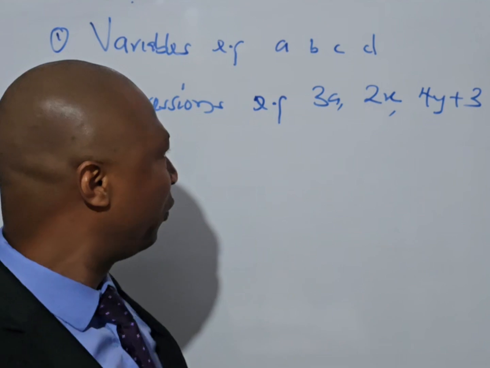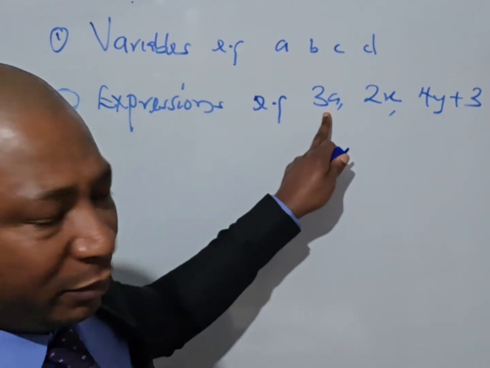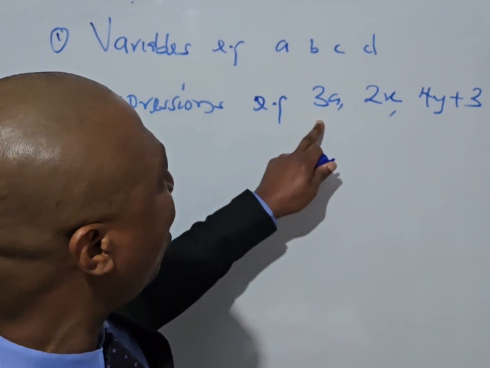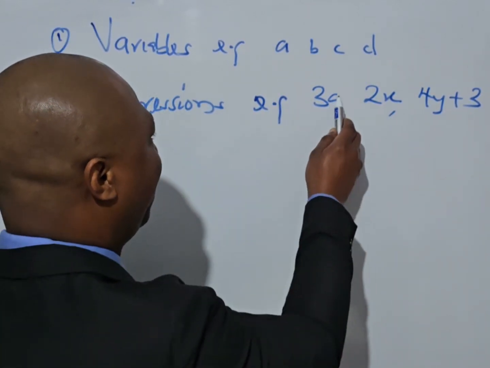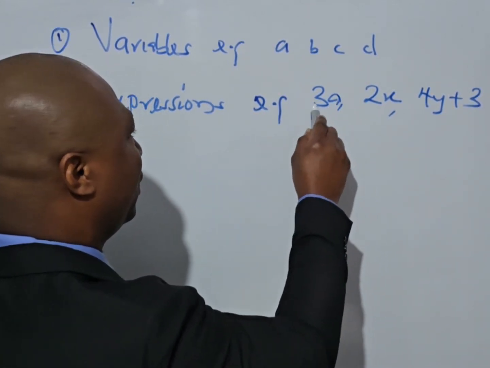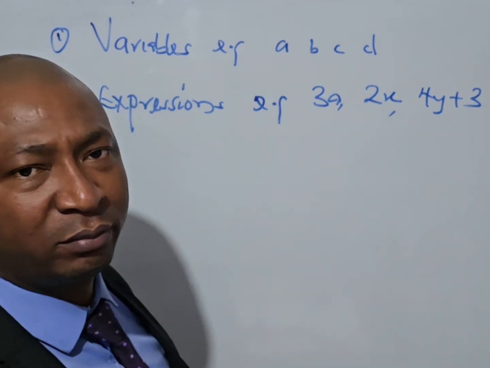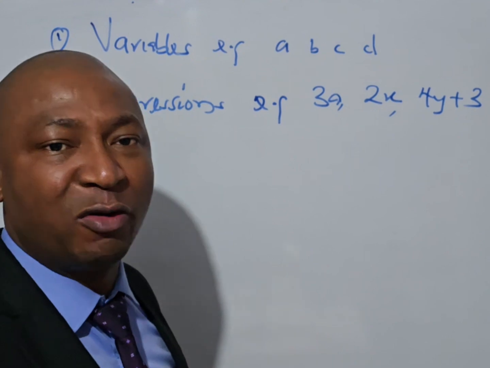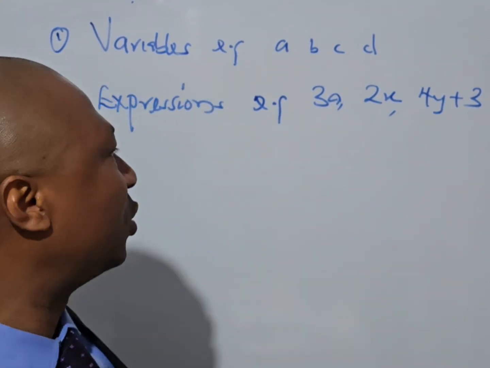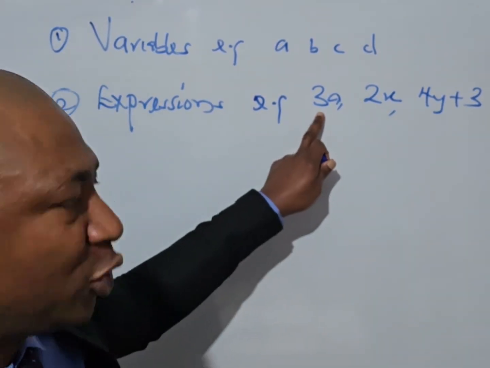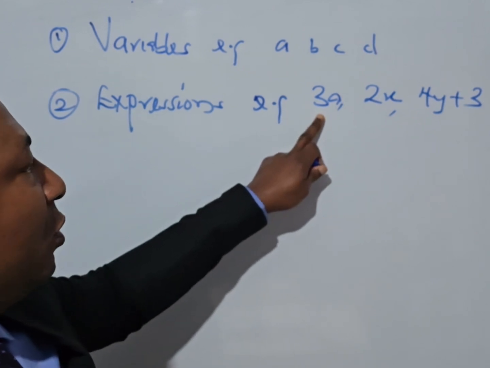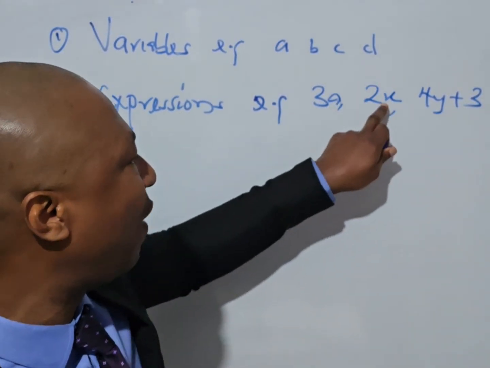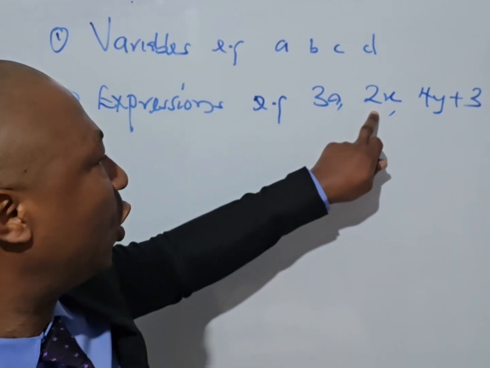Then I equally mentioned the coefficient of an expression. For example, in 3a, the coefficient of a in this expression is 3, meaning the number that stays in front of the variable in a given expression is the coefficient. In 2s, the coefficient of s is 2.